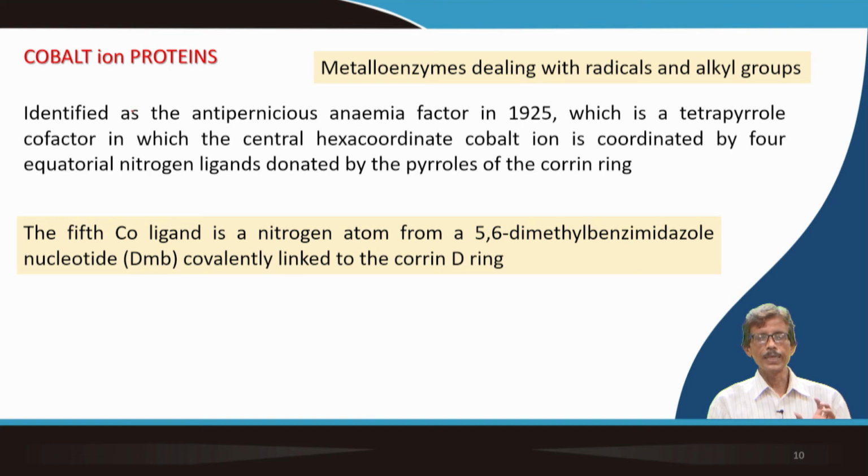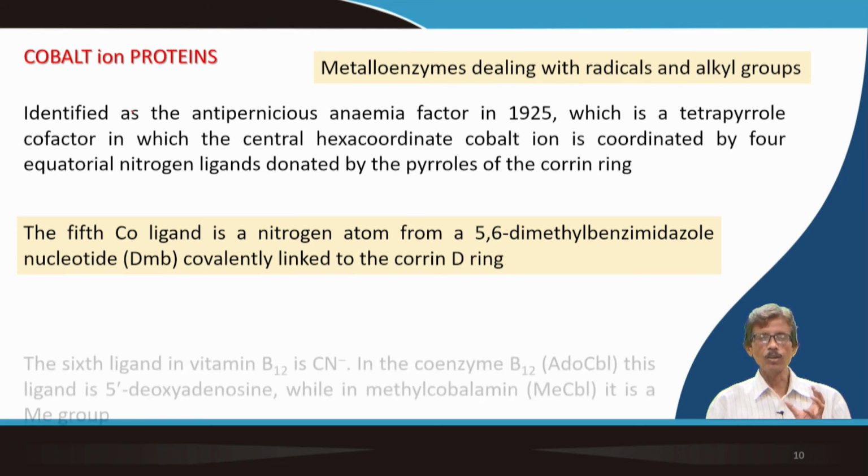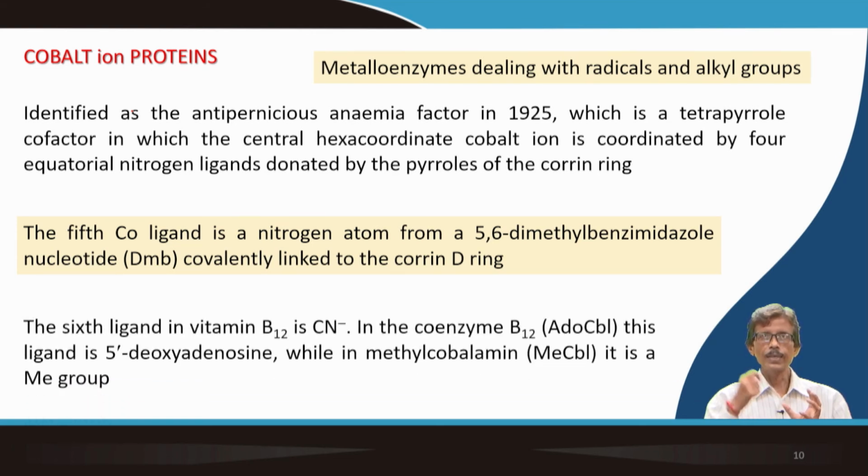The 5th ligand around cobalt is a nitrogen atom derived from 5,6-dimethylbenzimidazole, as a nucleotide, which is covalently linked to the corrin D ring. We know it is a tetrapyrrole, so A, B, C, D from top left then right; the D ring has a different kind of linking. Then the 6th ligand comes.